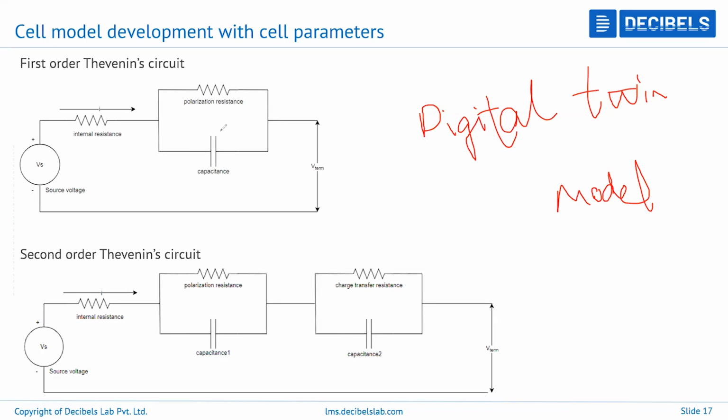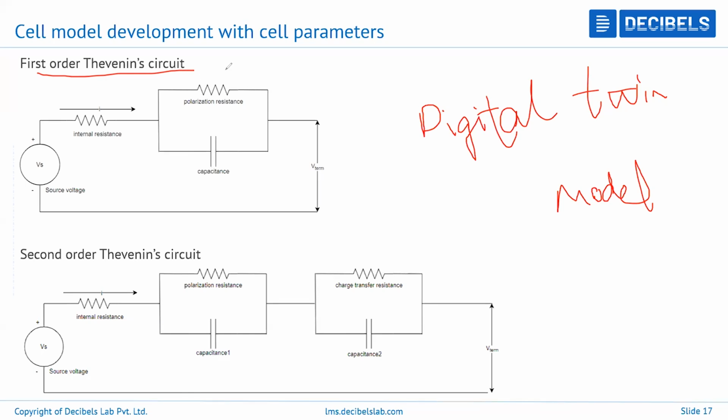There are different ways of doing it. One of the simple ways is by using Thevenin's principle. There is first order Thevenin's principle and second order Thevenin's principle, where we can take a very complex electrochemical circuit and simplify it into an electrical circuit as you see here. Why is it called first order or second order? It's with respect to the number of RC branches.